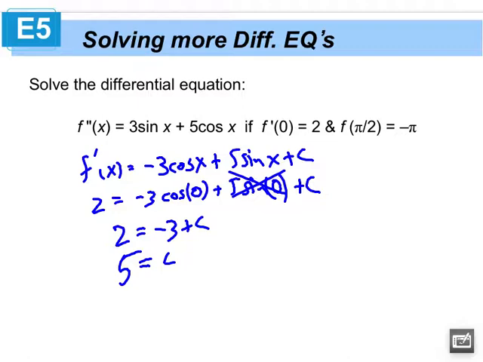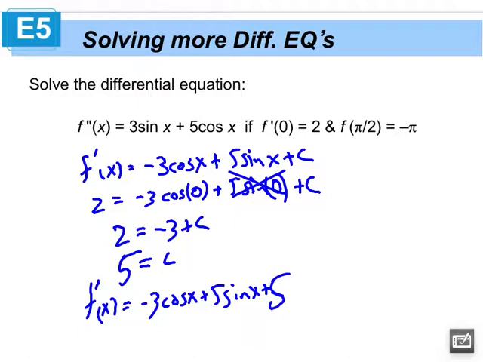Then what? And then you do f prime of x equals the same equation, but you substitute 5 for c. So f prime would then be negative 3 cosine x plus 5 sine x plus 5. Okay, I'm with you. Now what?